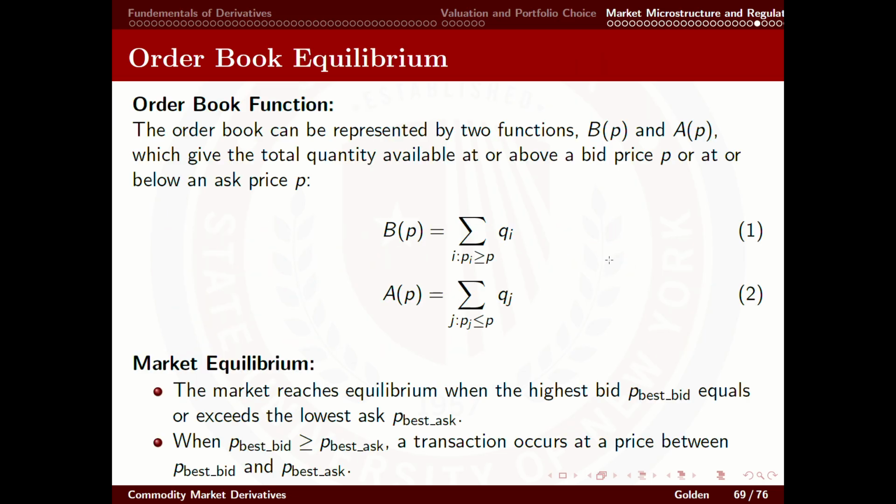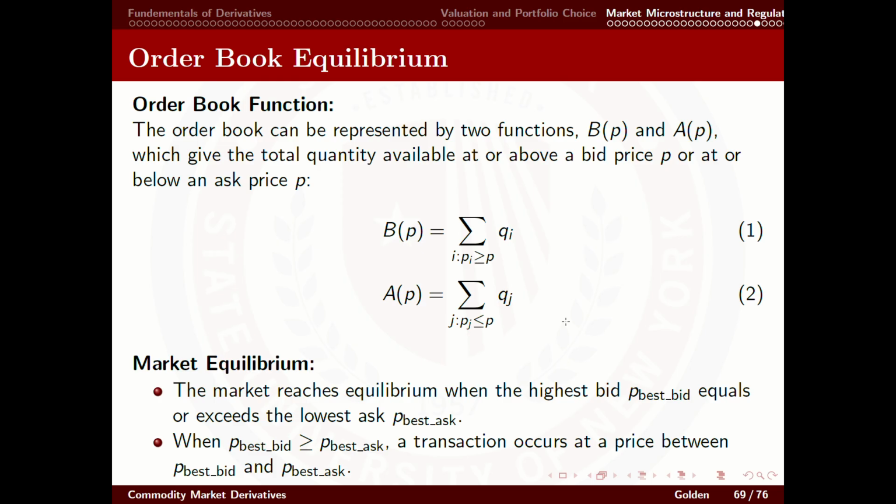So the order book can be represented by two functions, B(P) and A(P), which give the total quantity available at or above a bid price, or at or below an ask price. So the bid amount is the quantity that is greater than or equal to P. This is the amount people are willing to buy at price P. And then the sell is on the other side: how much people are willing to sell at or below price P. Because sellers want high prices, buyers want low prices.